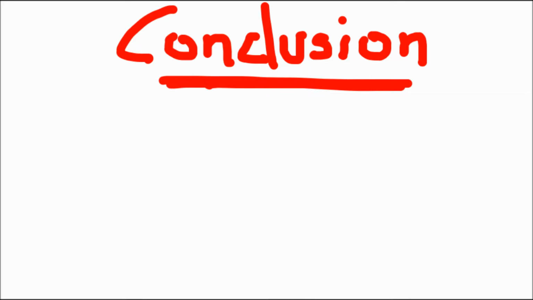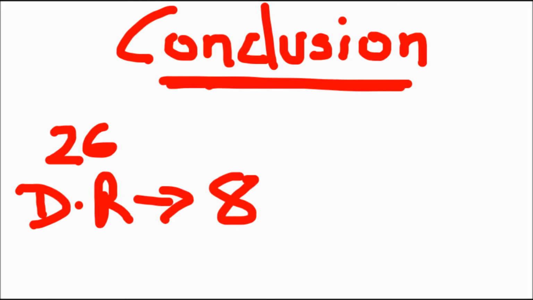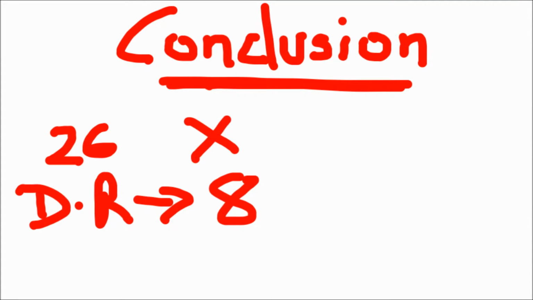Suppose the number is, let's take a very basic small number, 26. It has digital root to be 8, but this number is not a perfect cube. So I said that every cube should have digital root to be 1 or 8 or 9, but that doesn't mean that every number which has a digital root of 1 or 8 or 9 would be a perfect cube.